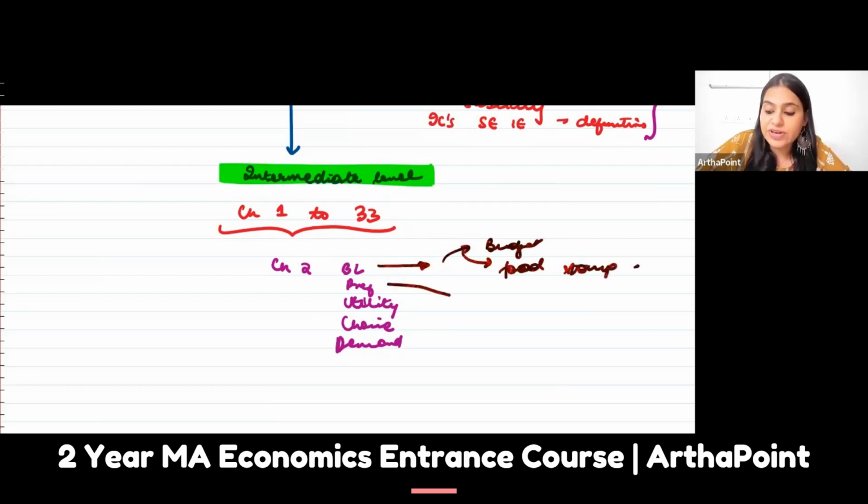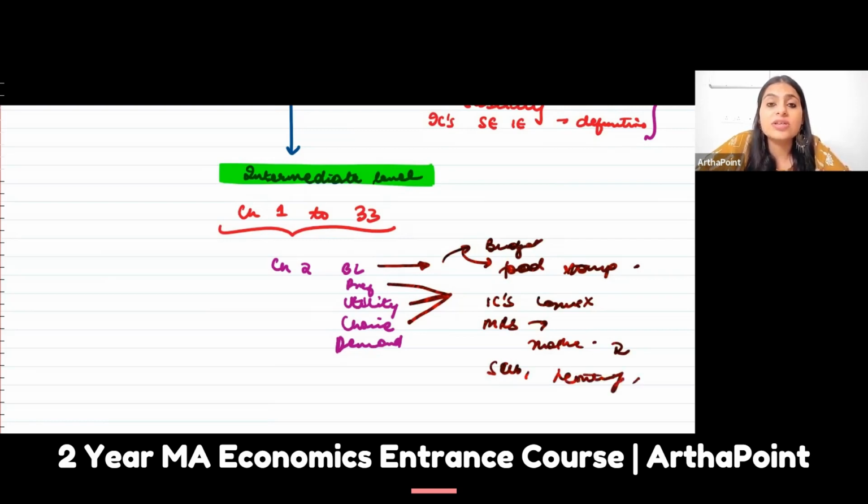When I talk about preferences, utility, choice, you will be looking at what are ICs, what is a convex preference, what is an MRS, how to derive this mathematically, what is an IC when it is substitute goods, what is an IC when it is a Leontief function, the Leontief production functions, everything. What is an IC when it is complementary goods, etc. So you would be focusing in detail on each and every topic.